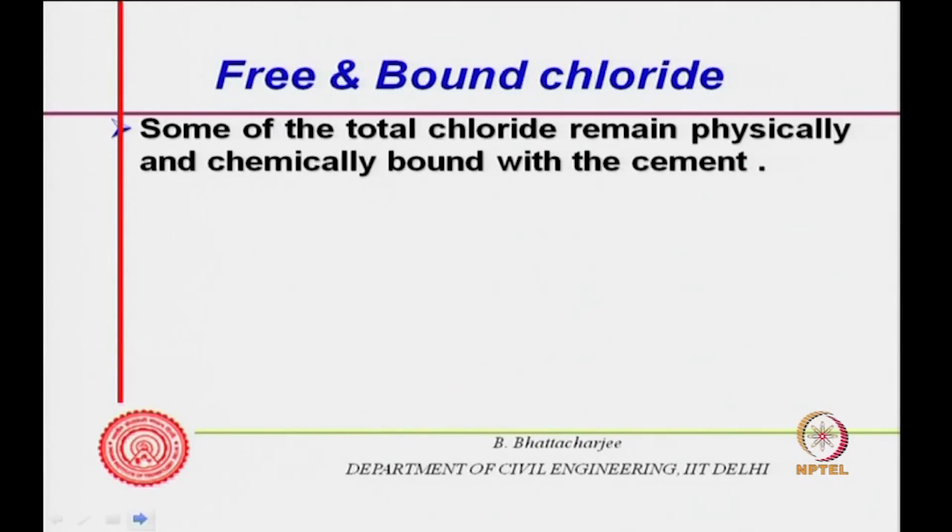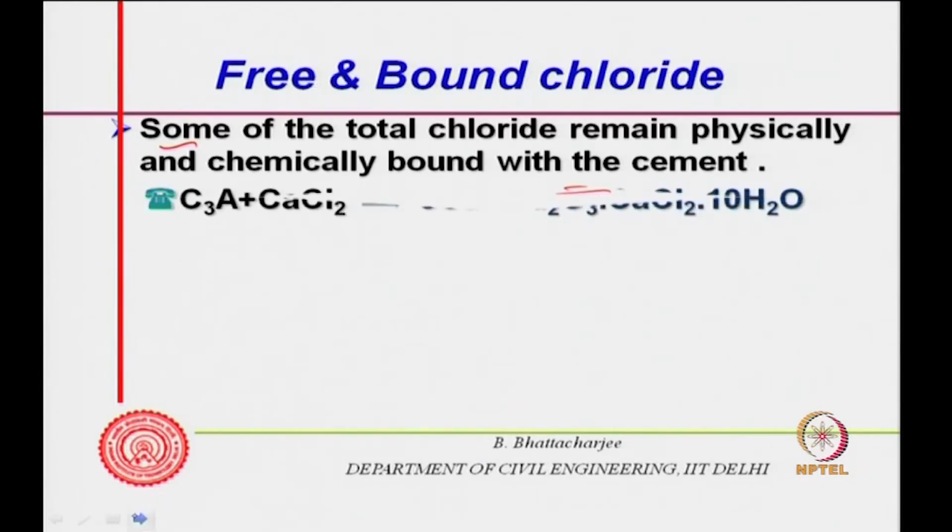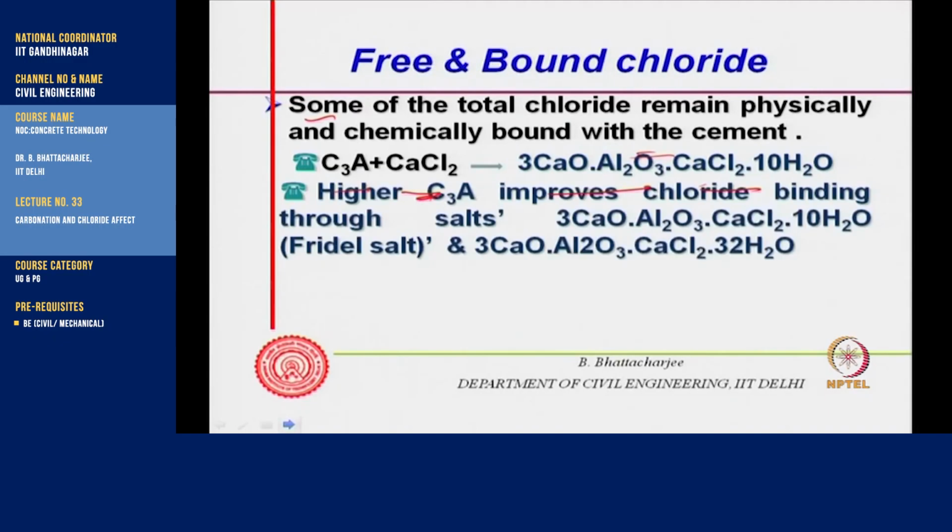Some of the total chloride remains physically and chemically bound. Some chloride with the cement, like C3A reacting with calcium chloride, gives you chloroaluminate salts, and higher C3A therefore improves chloride binding. This is chemically combined chloride.